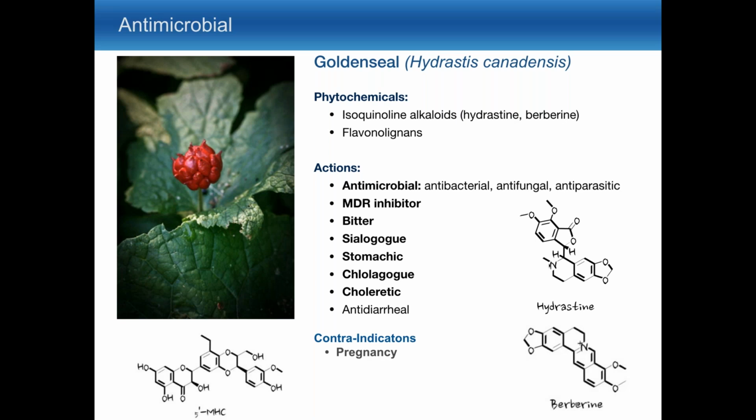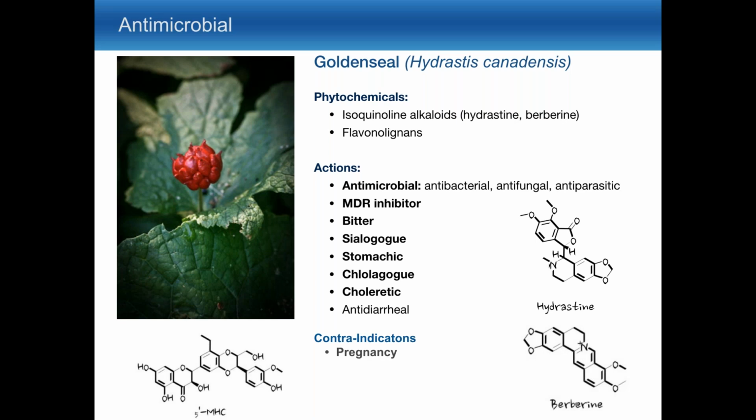So the main activity I'm selecting it for is as an antibacterial, antifungal, antiparasitic. We mentioned earlier, it also has that multi-drug resistant pump inhibitor, and so it may have benefits when used by itself, or if you combine it with other antibiotics, it could have a synergistic effect.